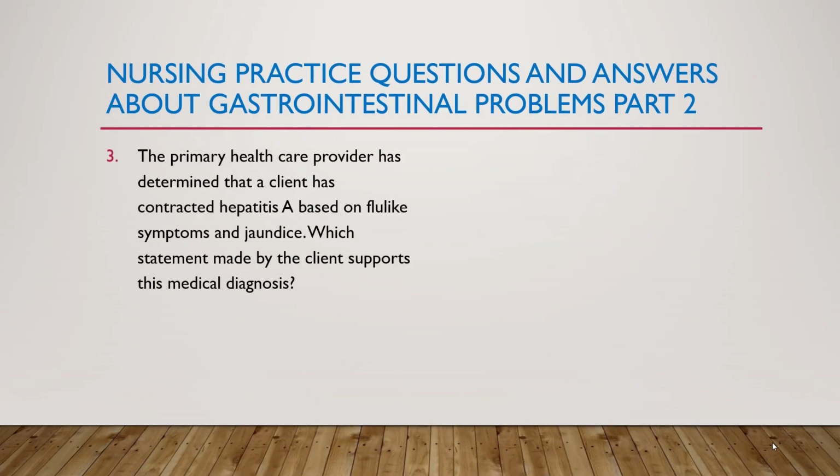Question 3. The primary healthcare provider has determined that a client has contracted hepatitis A based on flu-like symptoms and jaundice. Which statement made by the client supports this medical diagnosis? Option A. I have had unprotected sex with multiple partners.